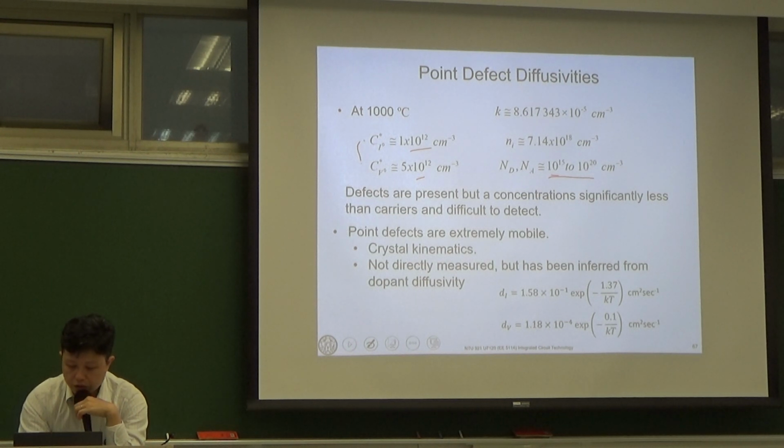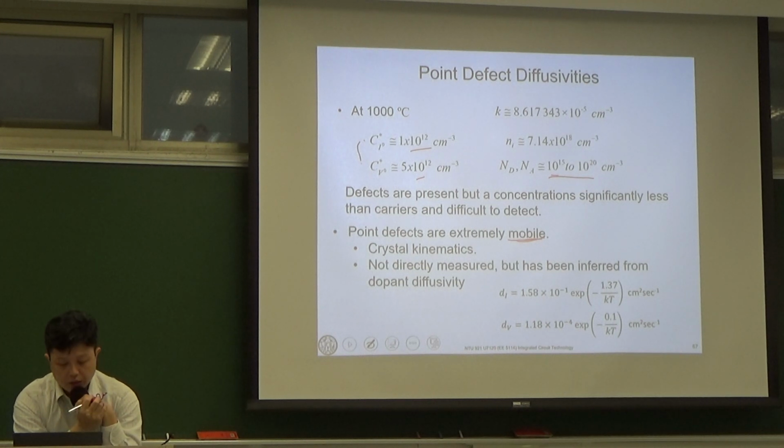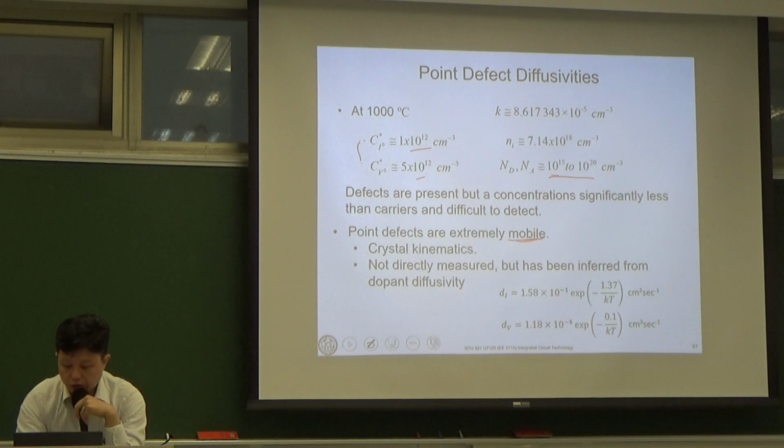In this defect, they are mobile, which means they will move around in your crystals, and it's not very easy to directly measure it. But we can infer it from, for example, dopant diffusivity. That's the experiment that I just mentioned.